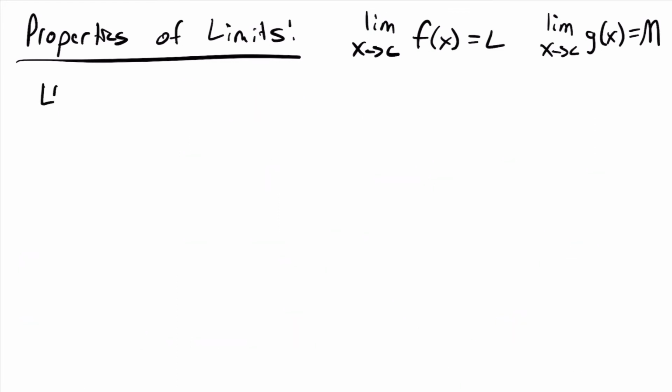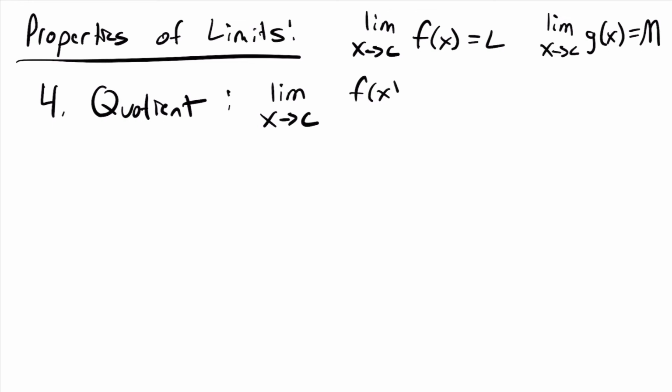For our fourth property, and there's only 5, so we're almost done, our fourth property deals with quotients. In this case, the limit as x approaches c of f of x divided by g of x is going to be equal to the limit of f of x divided by the limit of g of x. So in this case, it would be L over m.